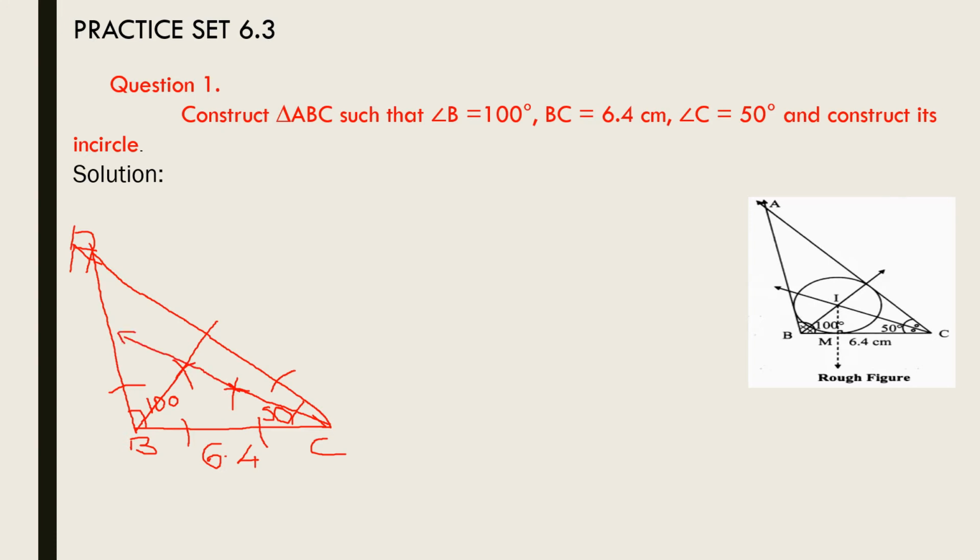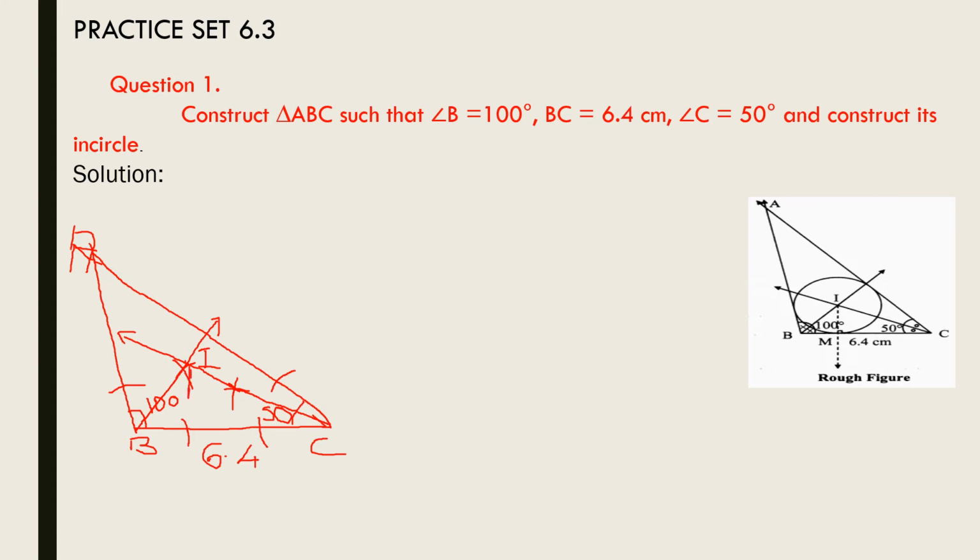These two angle bisectors are intersecting at the point I. I am taking this letter I as the intersecting point, and draw the perpendicular IM on the base BC.